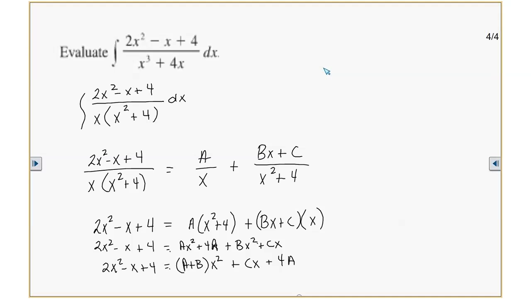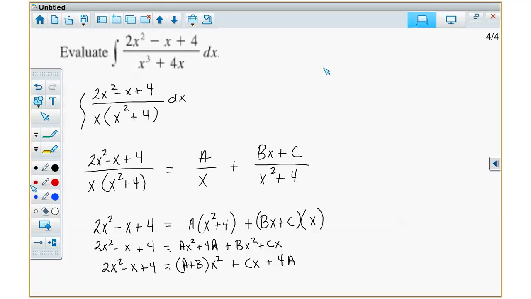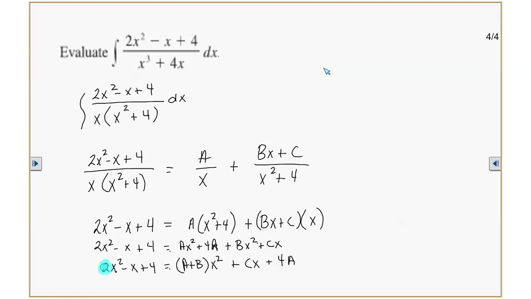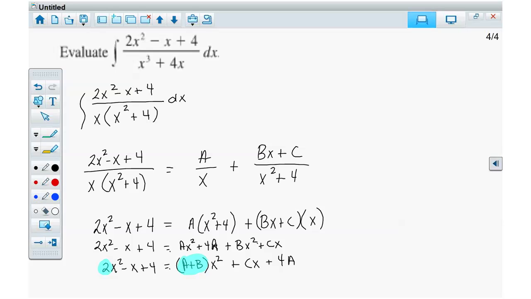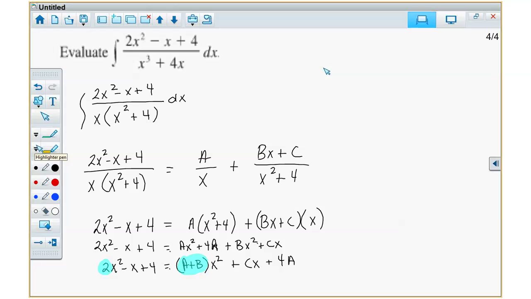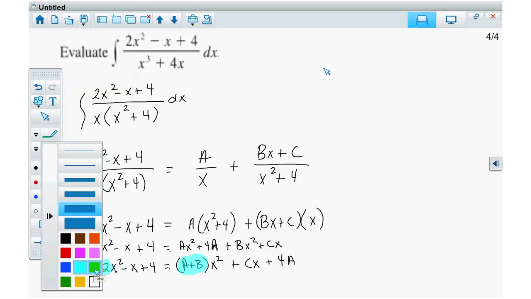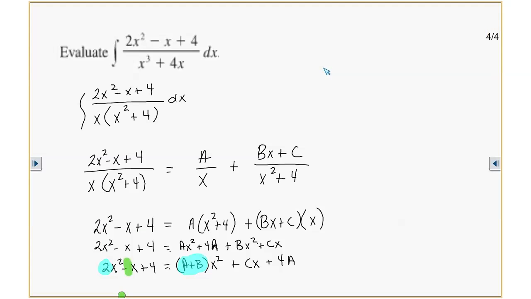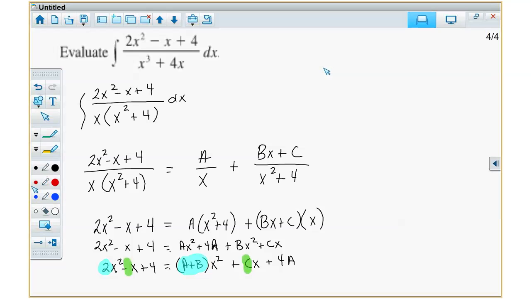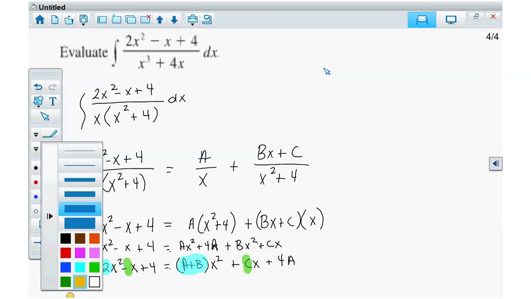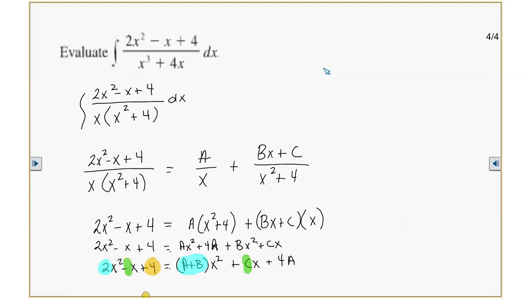And let's see, equivalent what? Equivalent coefficients. This yellow, this light blue one, as this sheet says, is equal to that, that 1 is equal to that, and that 4 is equal to that. All right, finish it out.